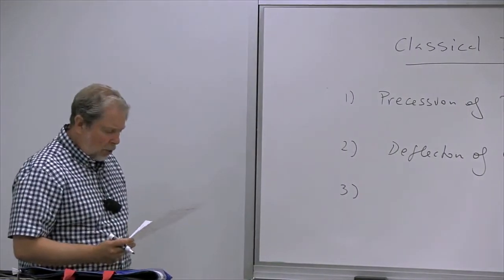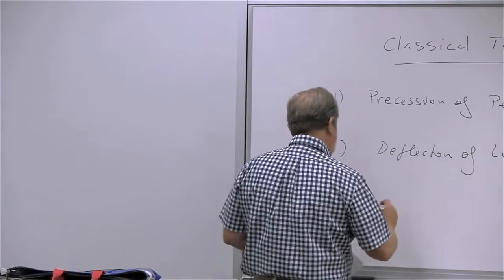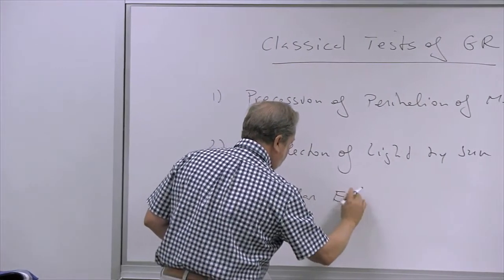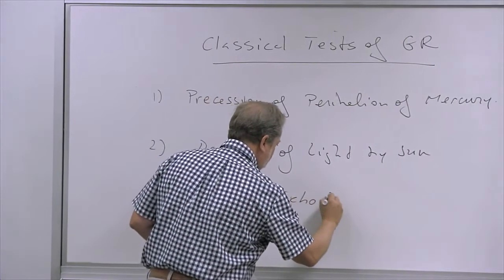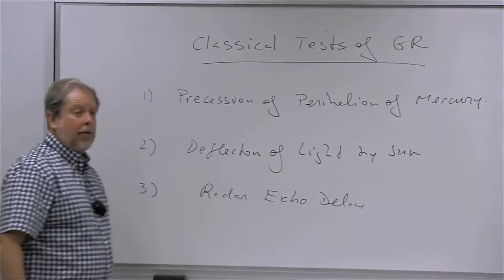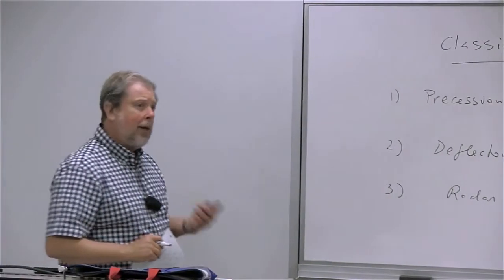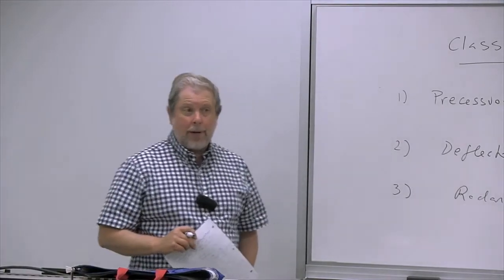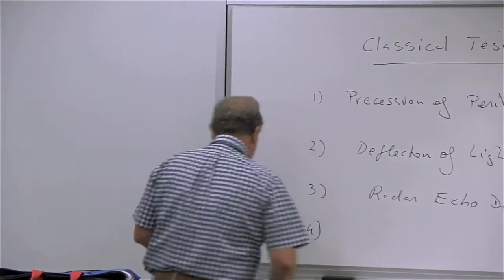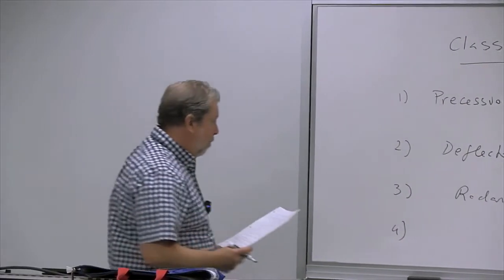There's other effects which were discussed later on. So, for example, some sorts of time delays and radar echo delay from various spaceships that travel around the solar system. You can look at effects that are predicted by GR, and in fact, again, these effects seem to be in agreement with what GR predicts.